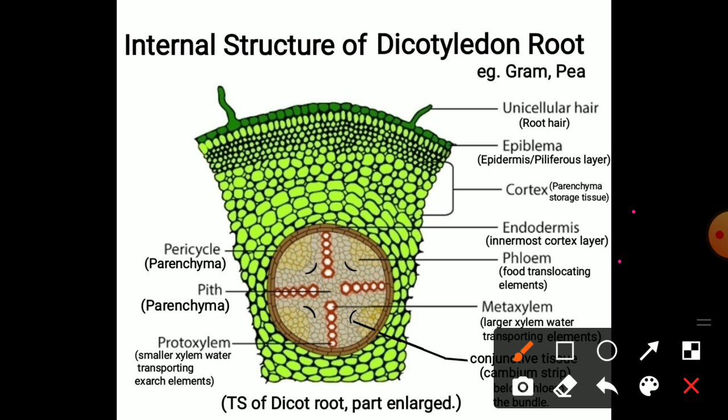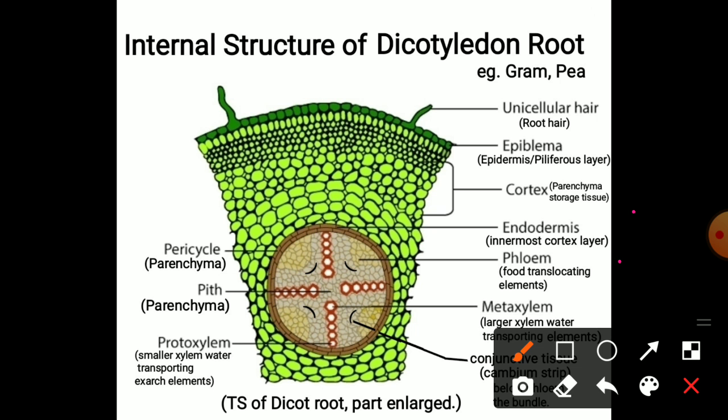As we discussed, the total number of vascular bundles in the dicot root varies from 2 to 4, that is from diarch to tetrarch, and the xylem bundles show exarch organization, that is the protoxylem points are present in an exarch manner. Ex means outer, arch means the protoxylem points.